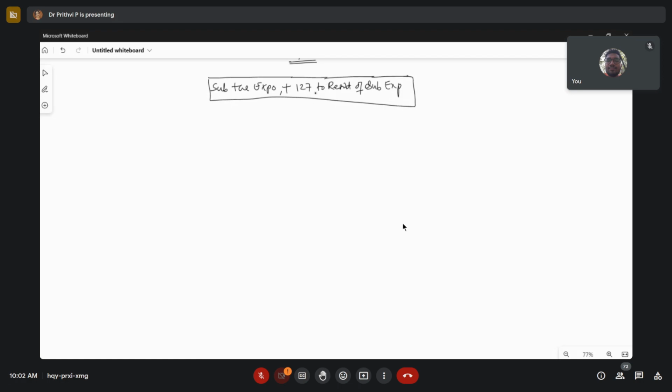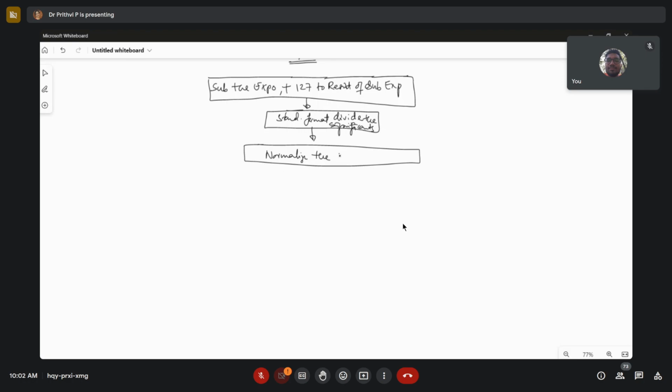Next, divide the significands, using any standard format. Significand means the complete value. That is not a new term for us. Now, we need to normalize the result.